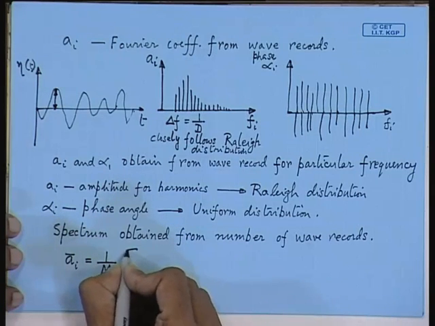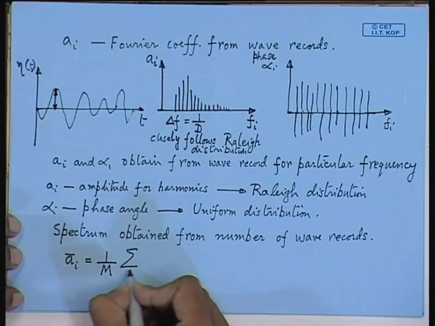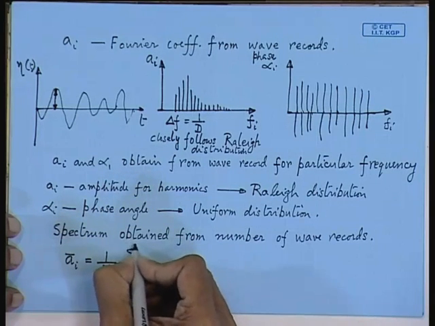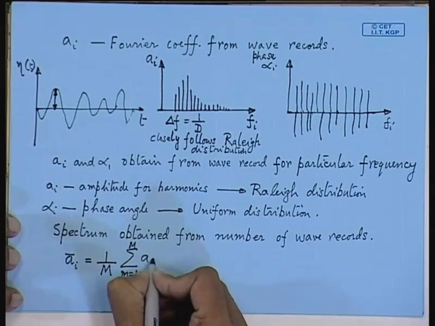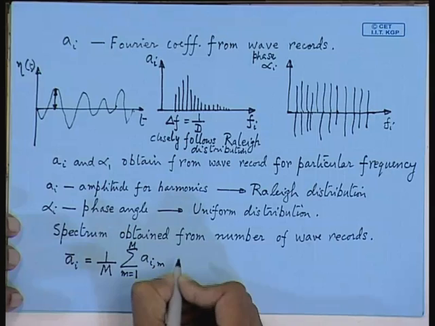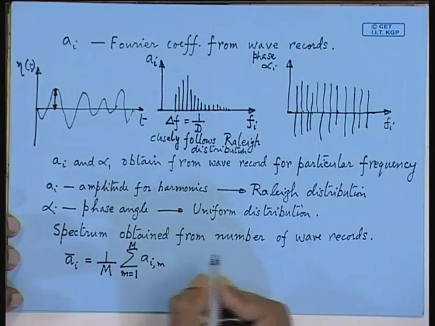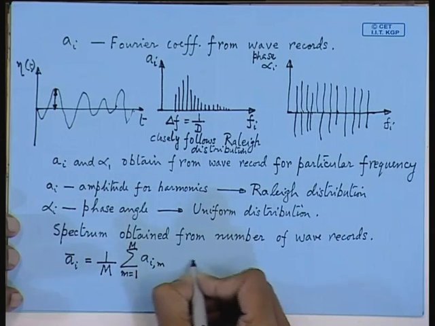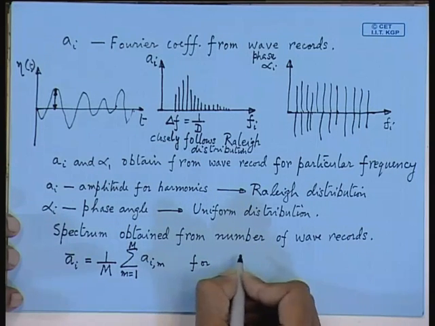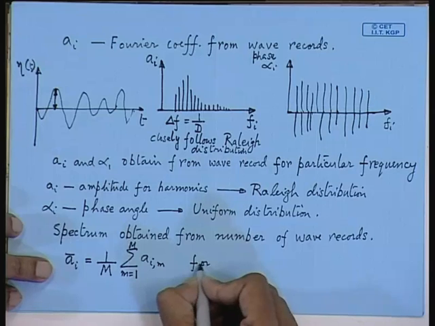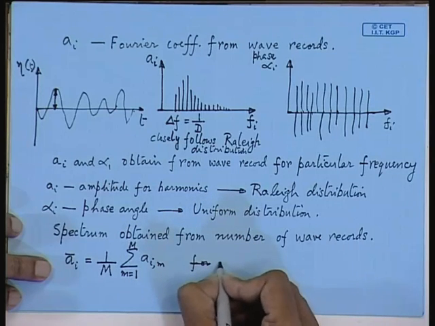So, you have to have the average value, M equals 1 to M. Now, this is done for AI for a particular frequency, and then you obtain values for all frequencies.